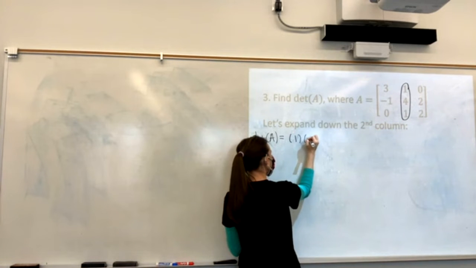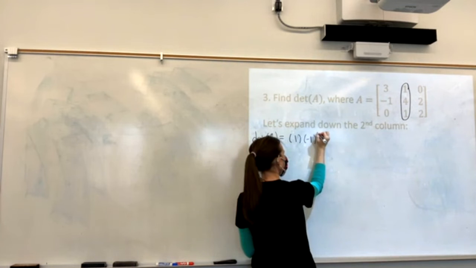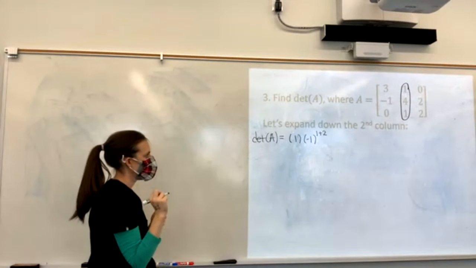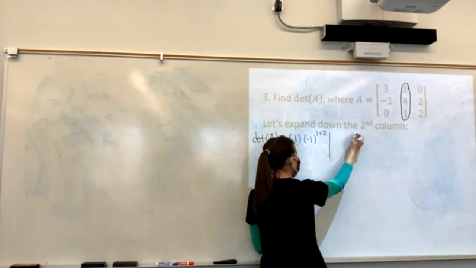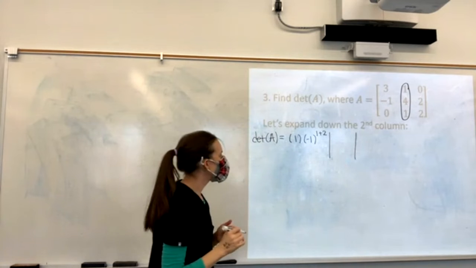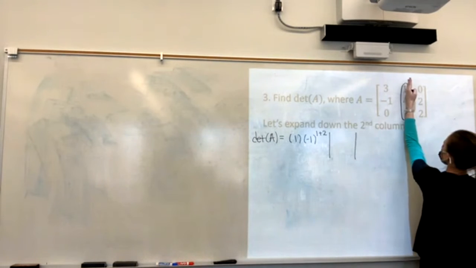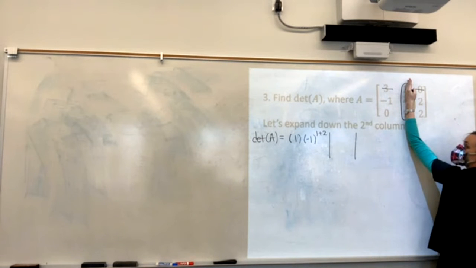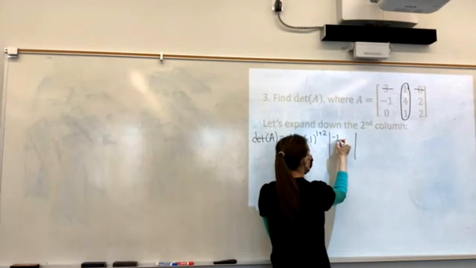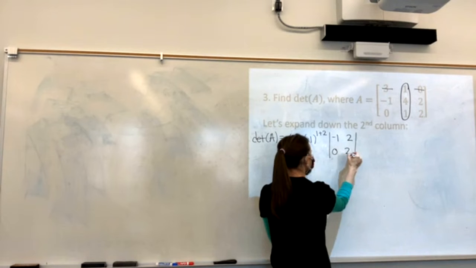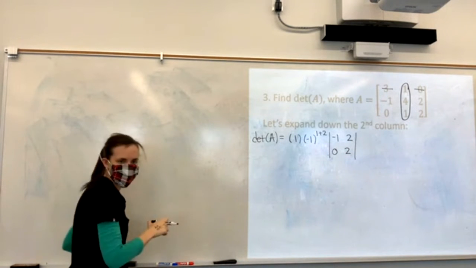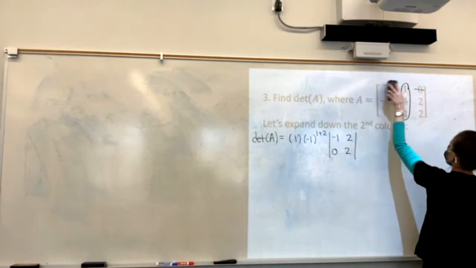Its cofactor will be a -1, since that entry is in the first row, second column, times the determinant of what we get if we delete that row and column. If we delete that row and column, we're left with the 2 by 2, -1, 2, 0, 2.